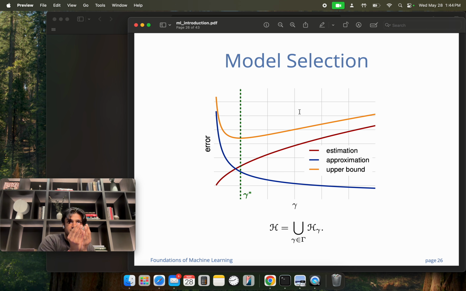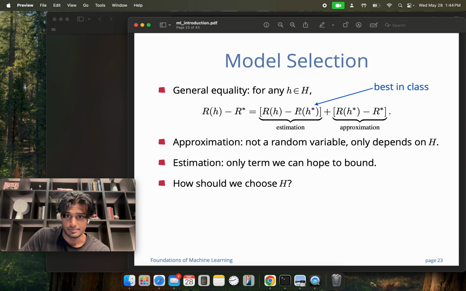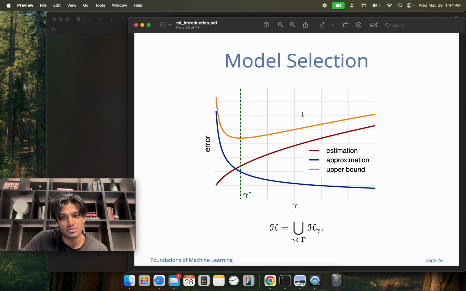Because as I increase gamma, my function space becomes so large that with that small amount of data, I cannot really hone in. I cannot really make good comments about how good my chosen hypothesis is to the best in class, because the best in class is such an elusive target if you think about it. So the estimation error increases as you increase gamma, and therefore there is a trade-off, the bias variance trade-off, which we talk about.